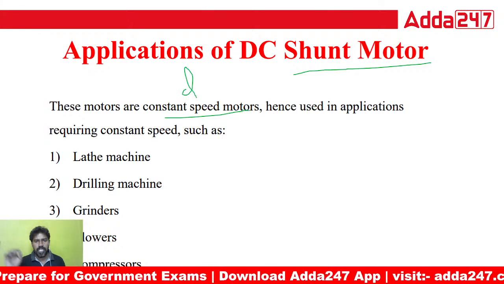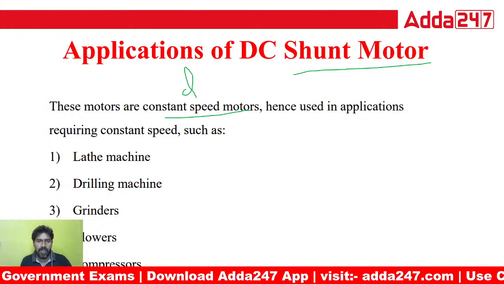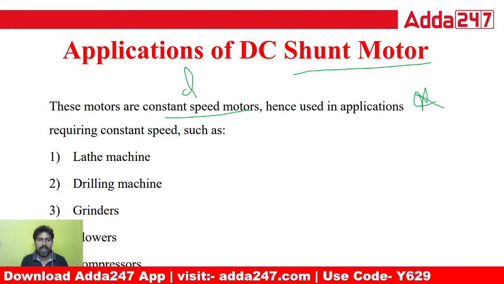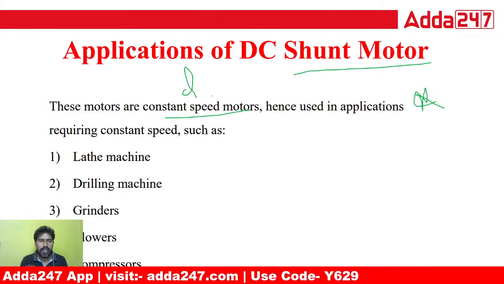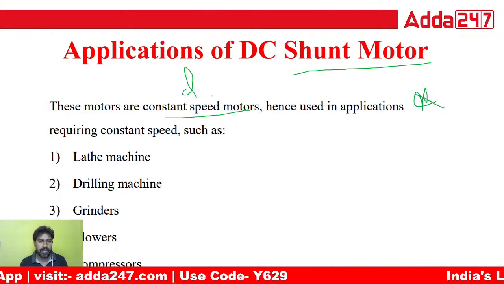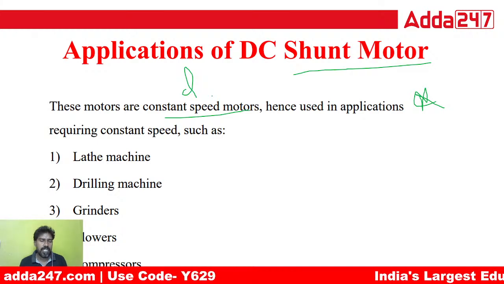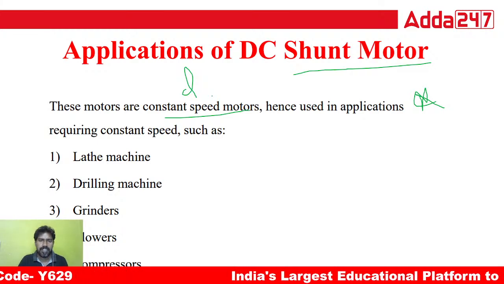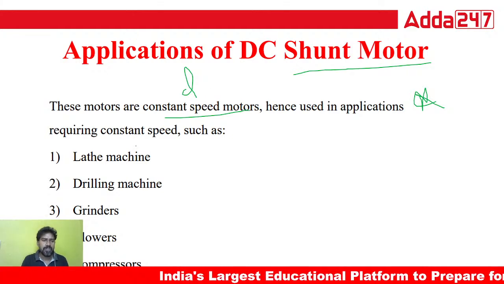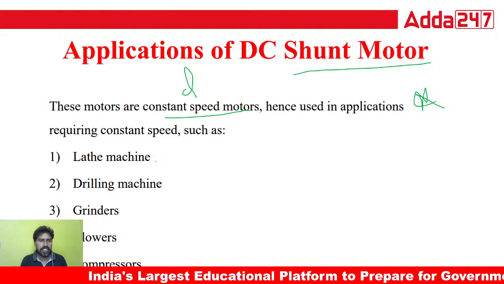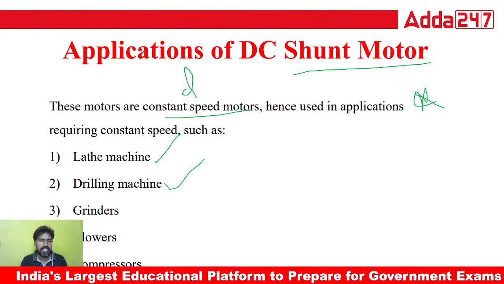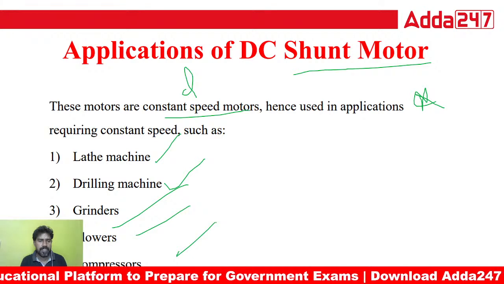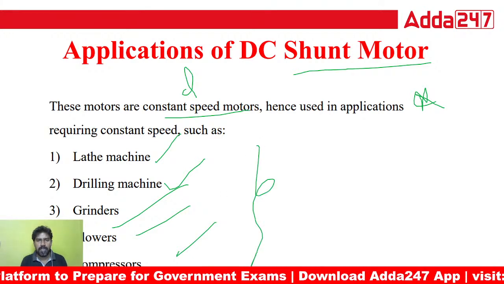Keep this in mind from an exam point of view, this is very important. So flux is constant, current is constant. Where are we using this? I have given some examples: lathe machines, drilling machines, grinders, blowers, compressors.